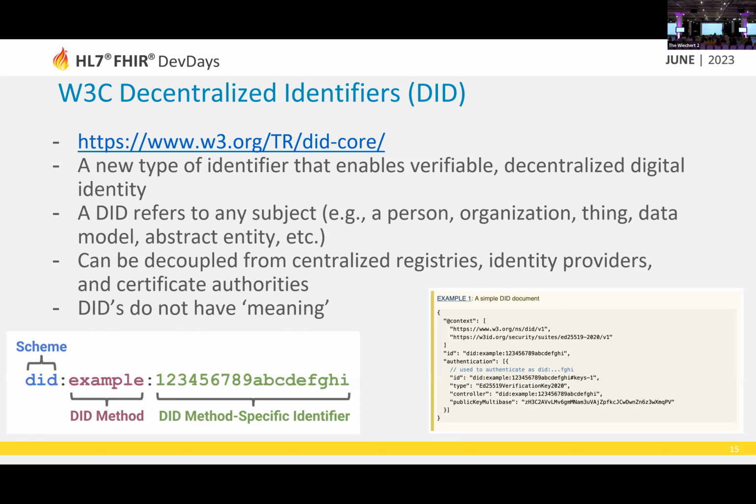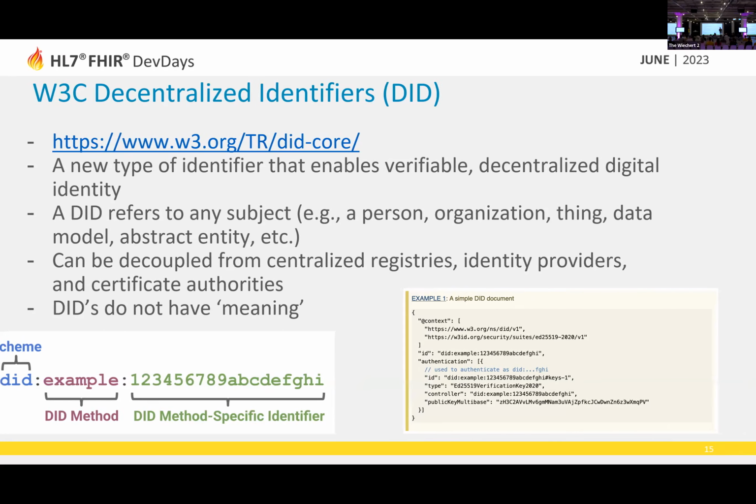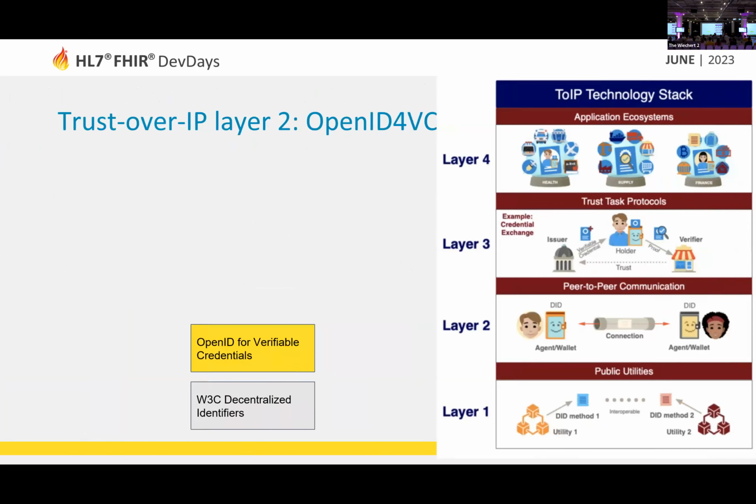DIDs by themselves do not really have a meaning. To provide meaning and attributes to it, we need the verifiable credential standards, that are on layer 3, which I will come through in a minute. Layer 2 of the Trust over IP model is about the protocols that are used between agents and wallets.